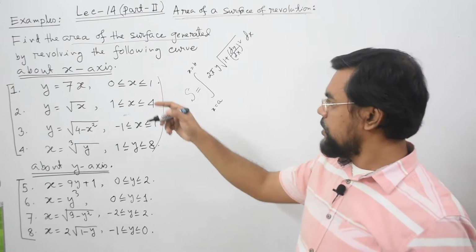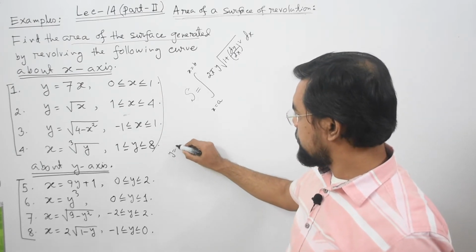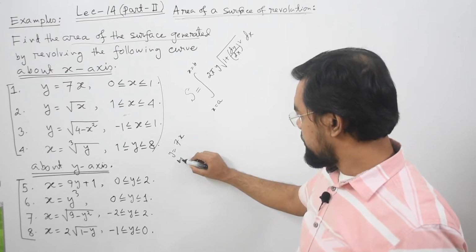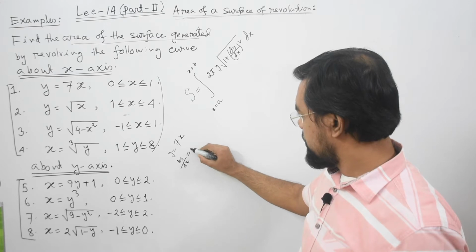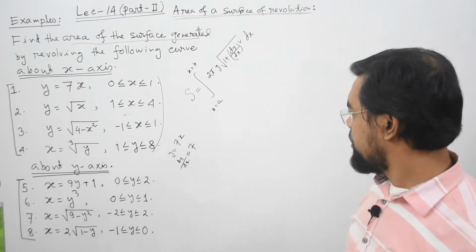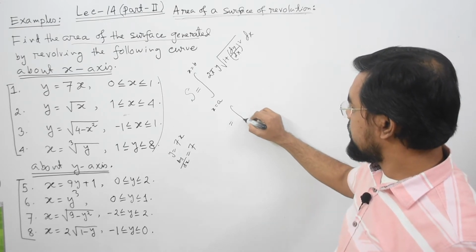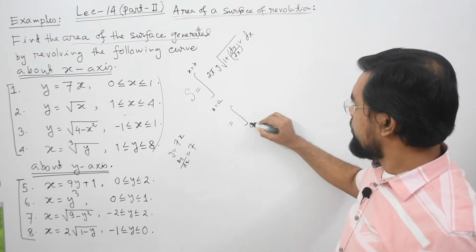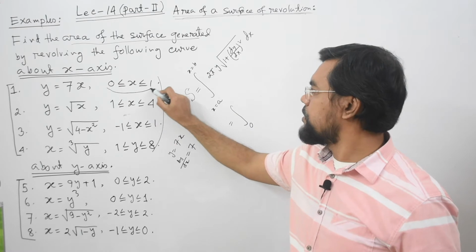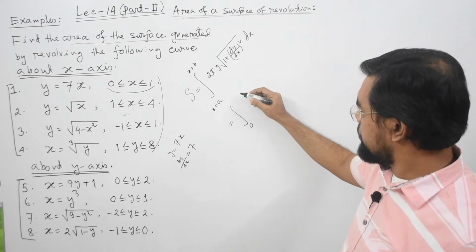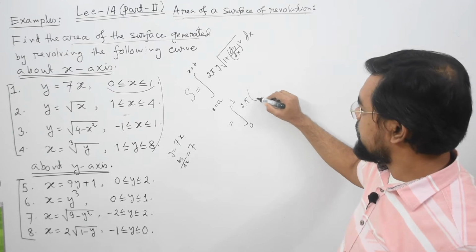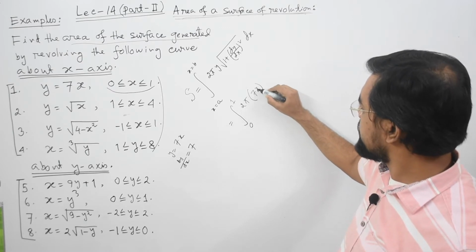So here we are given y equal to 7x and the derivative of this one is 7. So this integral becomes the integral from 0 to 1, since x lies from 0 to 1, of 2 pi y, which is nothing but 7x.